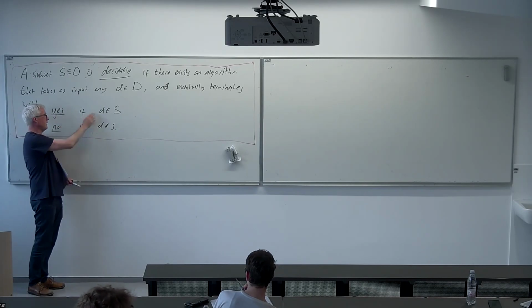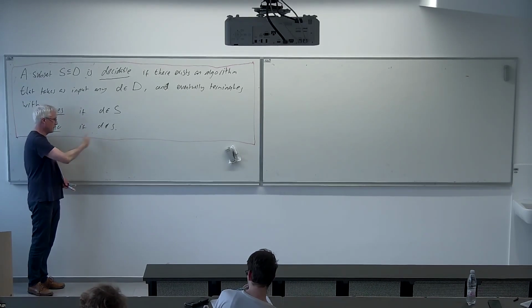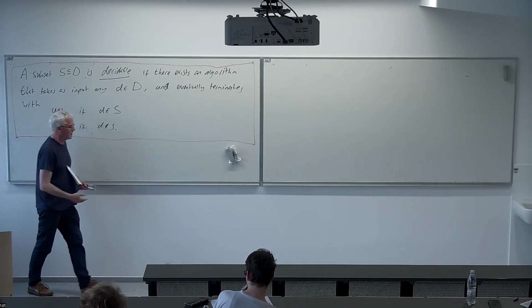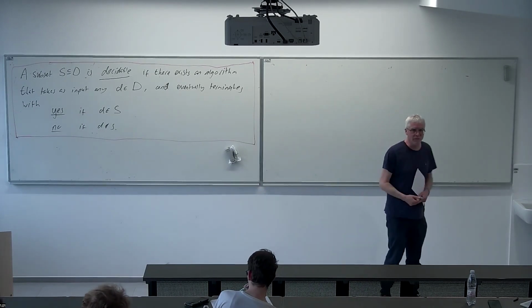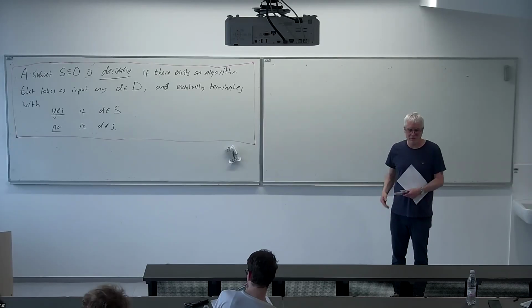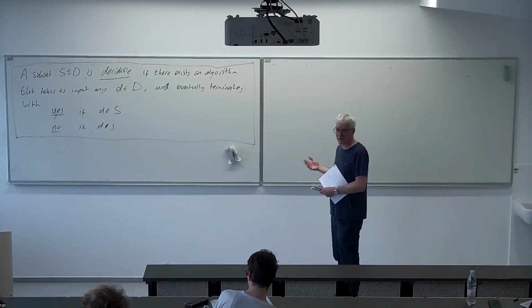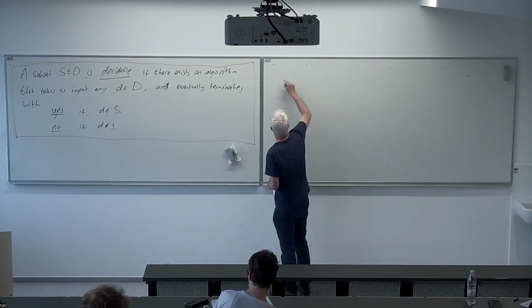If your element belongs to the set, you're guaranteed that the algorithm will terminate, and it will give you the answer yes. But if it doesn't belong to the set, then you don't have any guarantee. The algorithm might just continue computing, and you're just sitting there twiddling your thumbs and waiting for an answer. And you never actually get to know that the element doesn't belong to the set. You just know that you haven't yet got an answer from the machine.